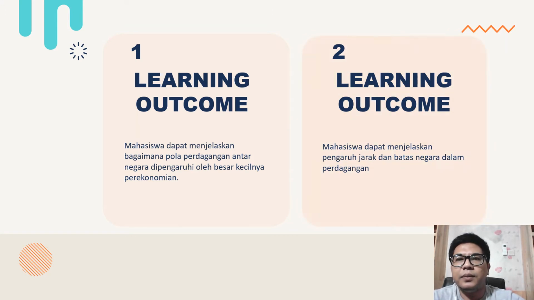And the second, not only the size of economy, but also the student could explain the role of distance between two countries also plays a significant effect on determining the value of trade between two countries.